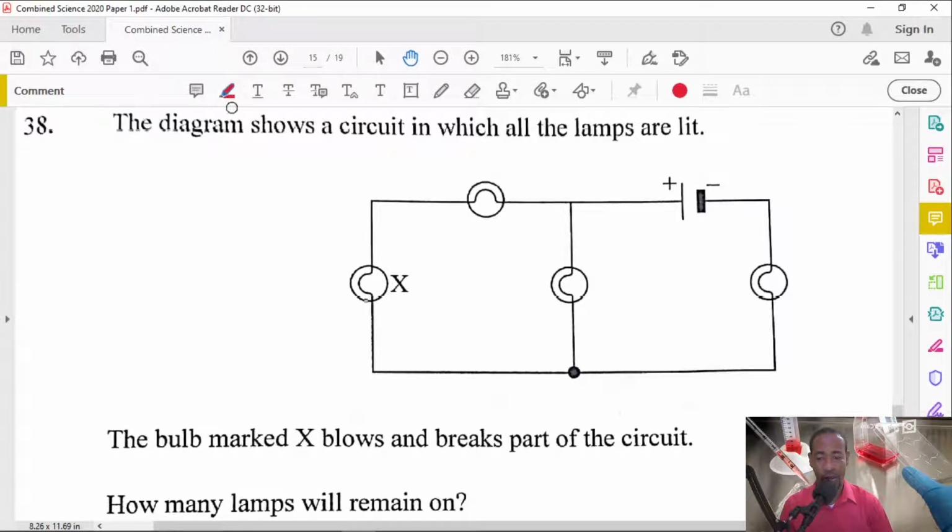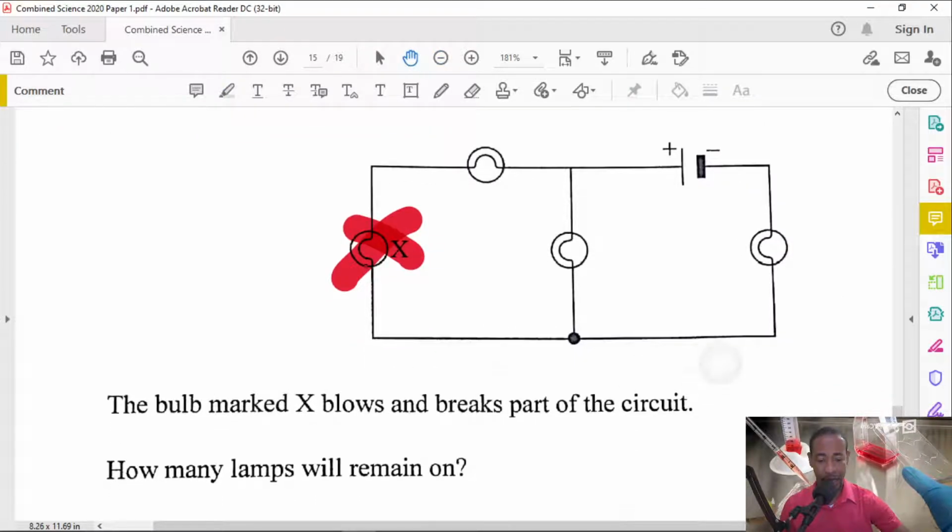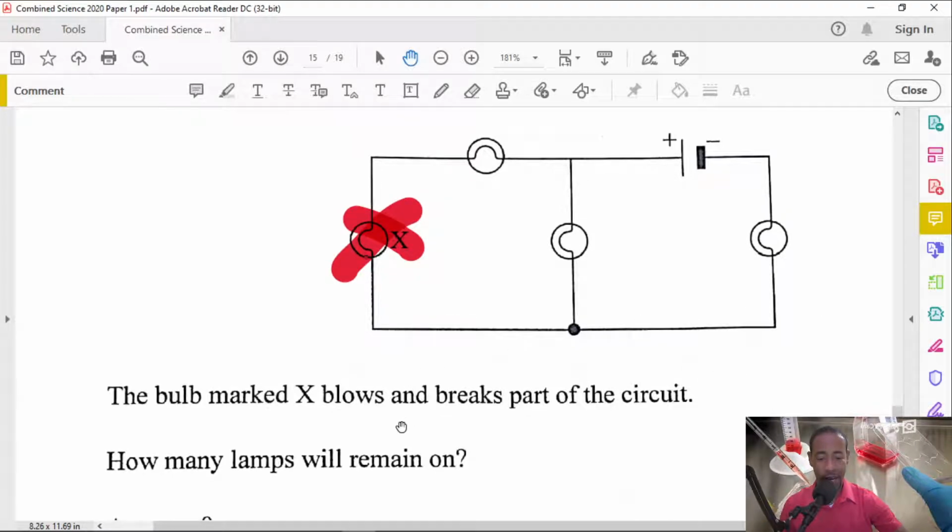So if X is out, let's take X out, that is no longer existing. How many lamps will remain on?